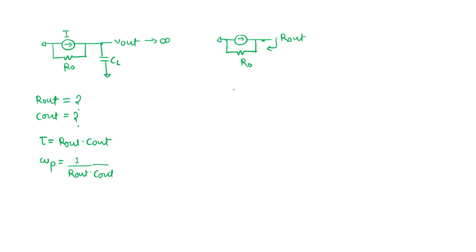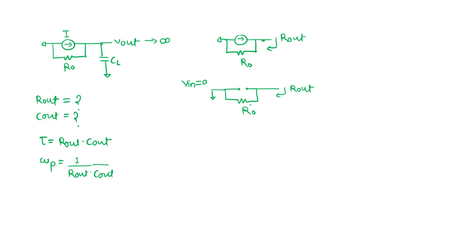Any general independent current source, we make it open. Why are we making it open? The reason is that V in is 0. We are making the V in 0 for calculating the R out.